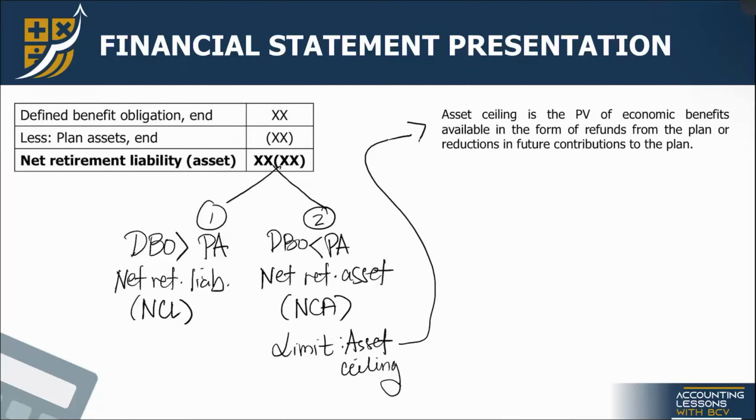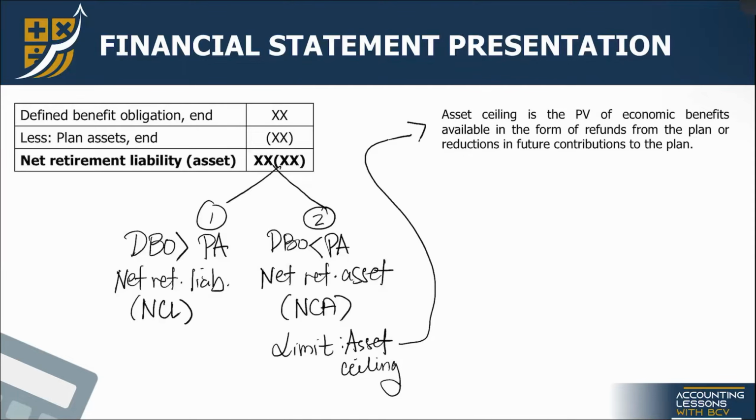So take note, asset ceiling is valued at present value, no? Kung sakaling nag-expect si employer na magkakaroon siya ng mga refunds or future reductions in the contributions, then there will be what we call asset ceiling. Okay? Yan. So that is the limit of net retirement asset.